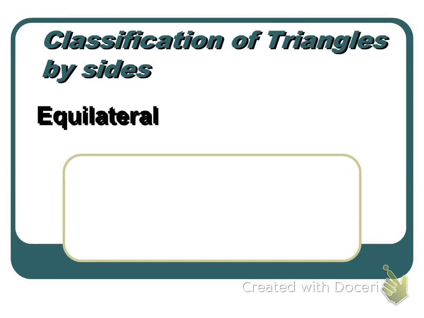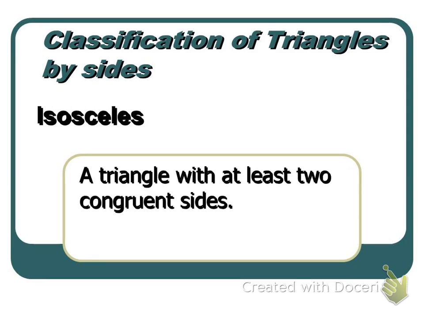We need to add a little corollary to isosceles triangles. It has 2 congruent sides. It also has 2 congruent angles. Okay? They're called the base angles. 2 congruent sides, also has 2 congruent angles.